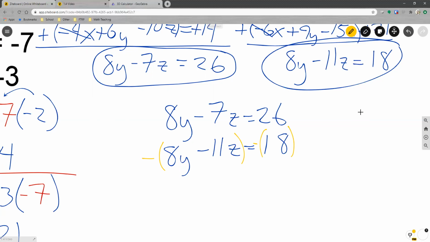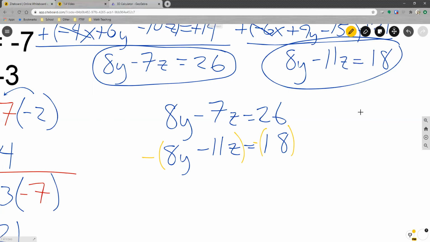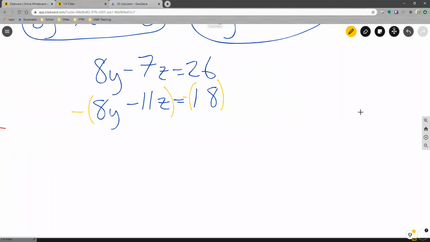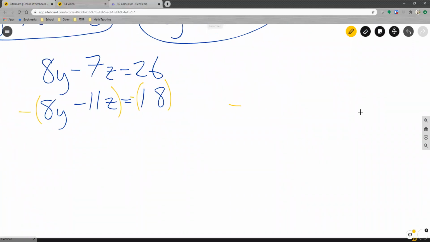Well, the negative sign, what that's going to do, and I'll write it over here, is going to be -8y, a negative times -11 becomes positive 11z, and then a negative times 18 becomes -18.